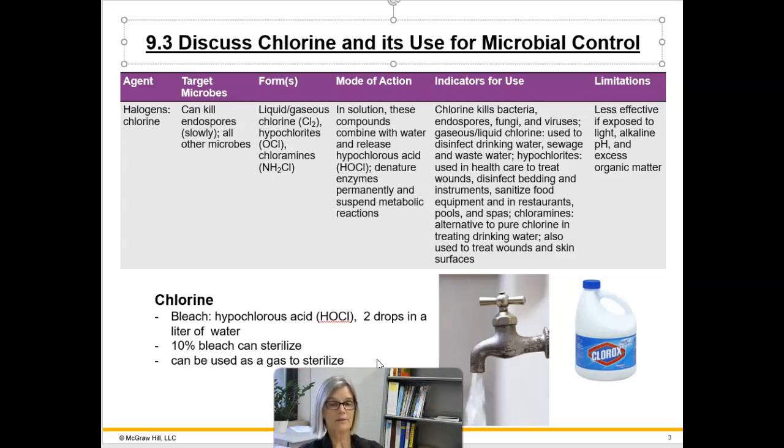Now that would be deadly if a person was in there, but it can be used in a highly controlled case to kill anthrax endospores. So it can be useful in extreme cases like that.